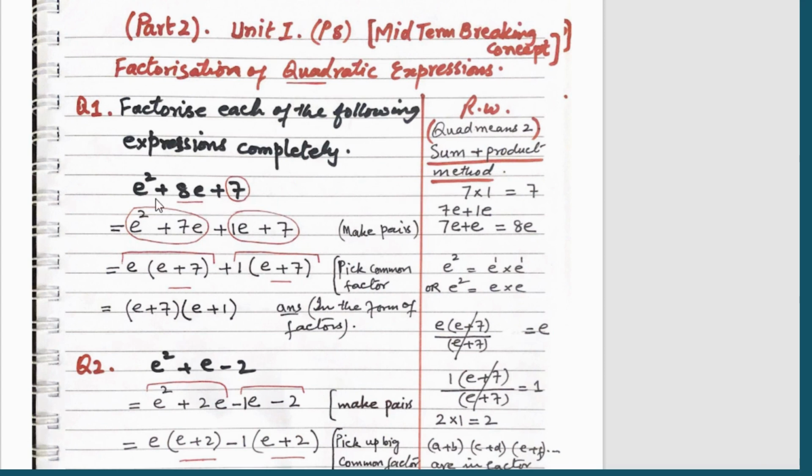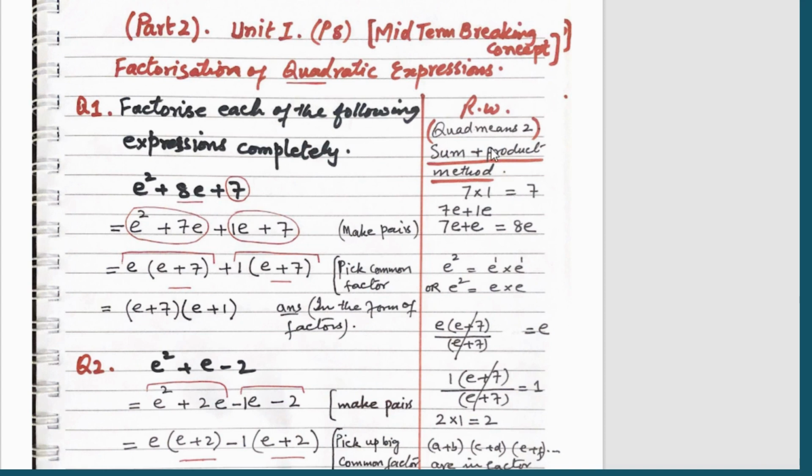Look at this term. I want to factorize it. To factorize this expression, first of all, I will look at the middle term. This is plus 8e. I will look at the sign as well. Plus 8e. Now I want to break 8e, but how?